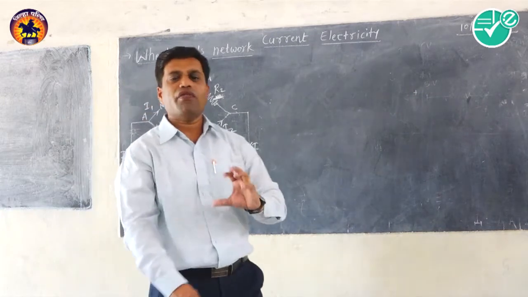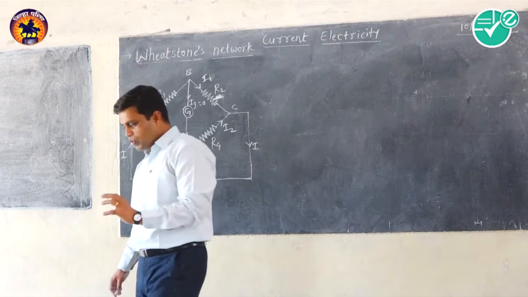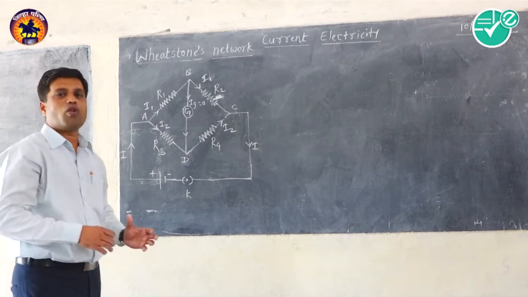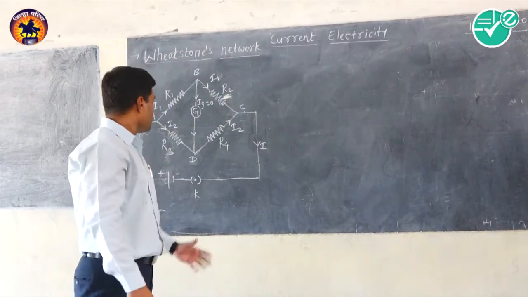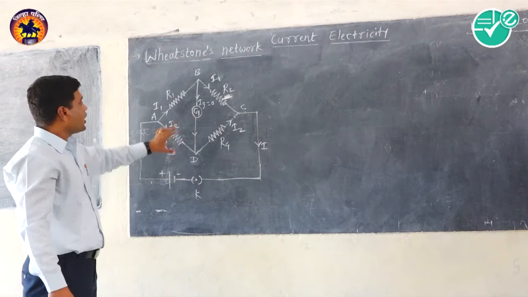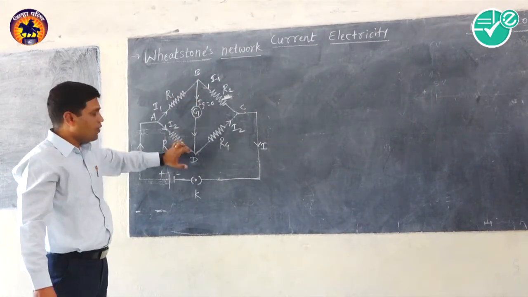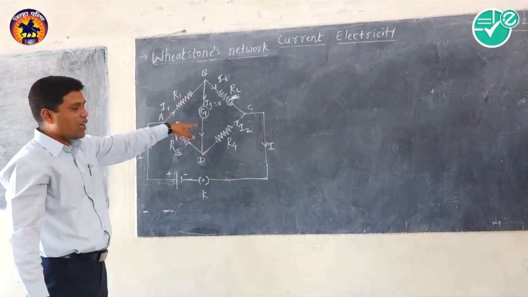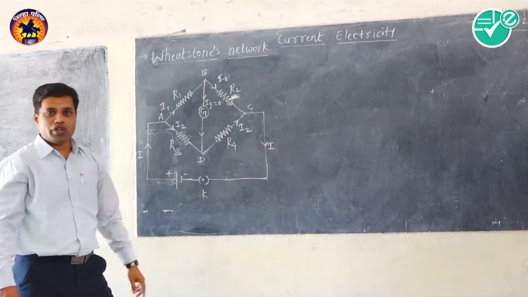This is a very famous condition, and this condition in the Wheatstone's bridge is called the balancing condition, or balanced bridge. When the galvanometer is connected between 2 points such that these 2 points have the same potential and there is no current flow via the galvanometer, then this condition is called the balanced bridge condition.